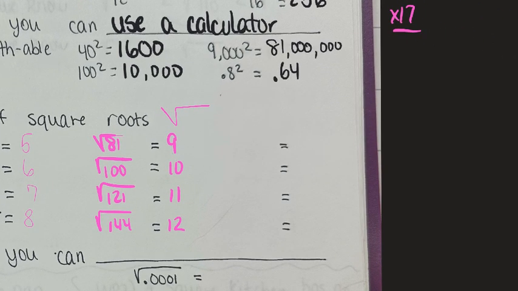All right, finally, the square root of 169 is 13. The square root of 196 is 14. The square root of 225 is 15. And the square root of 256 is 16.